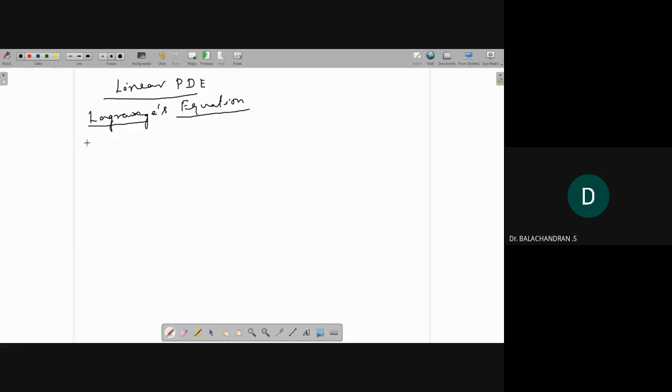Okay, so a PDE of the form capital P small p plus capital Q small q equal to capital R is called Lagrange's linear equation.